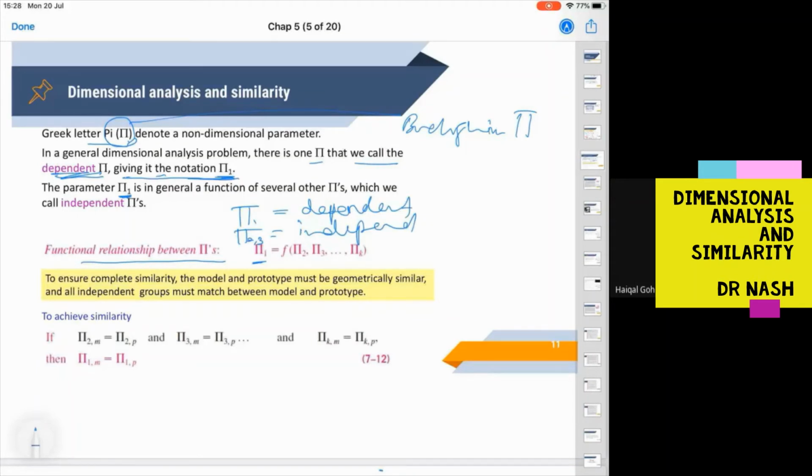The value of pi1 really depends on pi2, pi3 and pi_k.